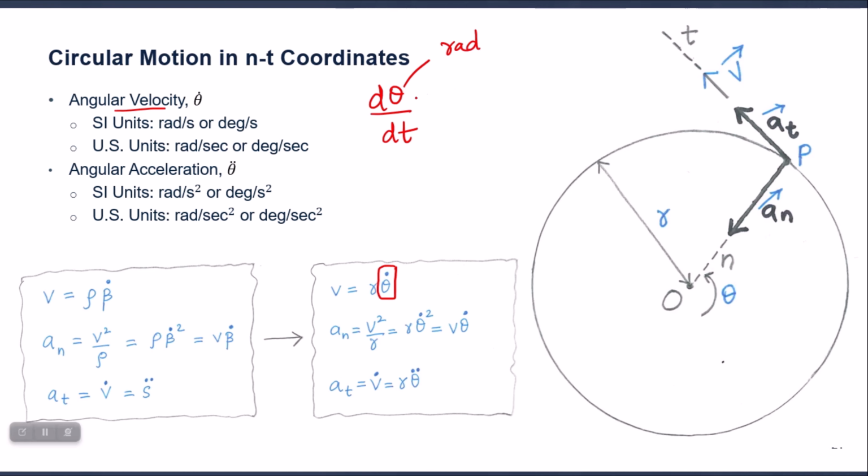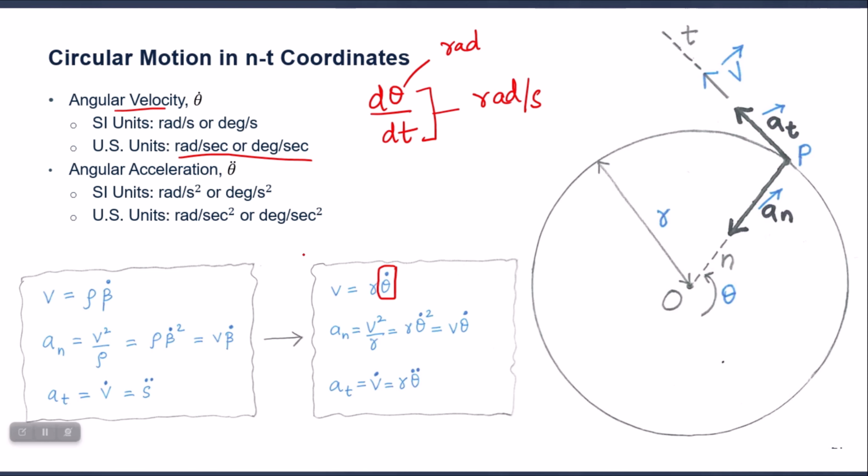So this whole quantity should have the units of radian per second. You can also convert radian to degrees, so it can also be degrees per second, right? In US units it will be the same units but different symbols. So seconds will have the symbol sec instead of s.